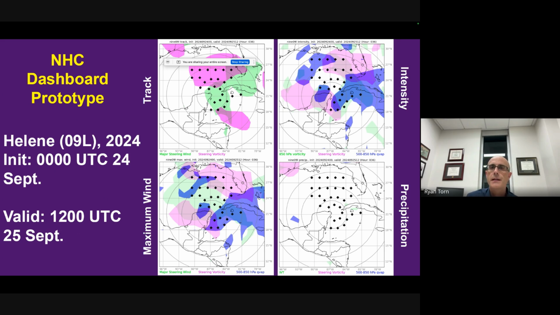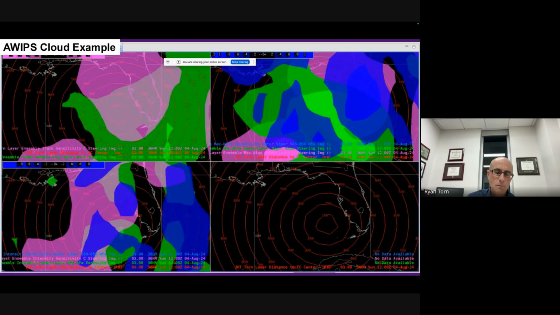I think you can see that it does in this case. Working with Alan Brammer, we've also gotten this paintball version gridded into the AWIPS cloud, and that was being pulled in there pretty much the entire season, at least in the second half of the season. So that capability is also there.